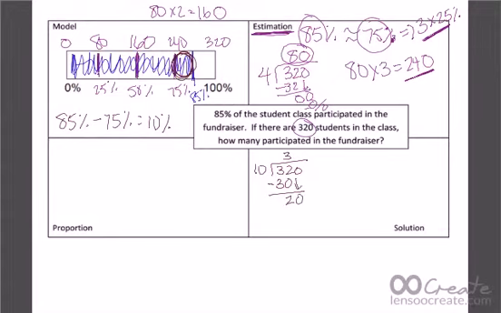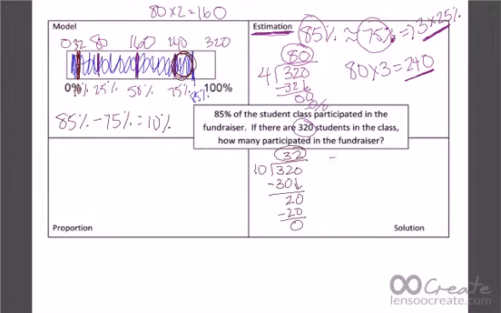Bring down my 0. 10 goes into 20 2 times. 2 times 10 is 20. 20 minus 20 is 0. So 10% is 32. So I'm going to come over here and I'm going to mark it down here that 10% is 32. All right.